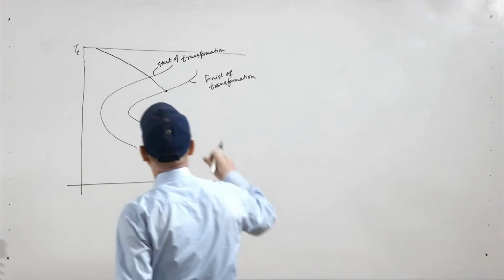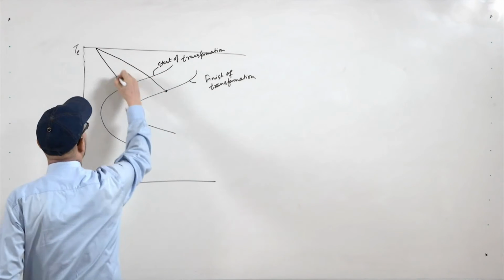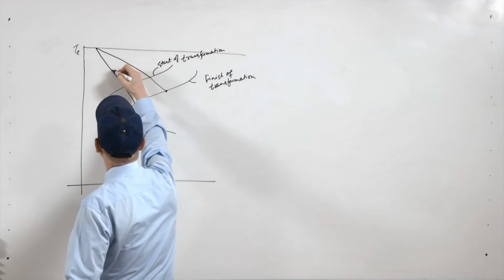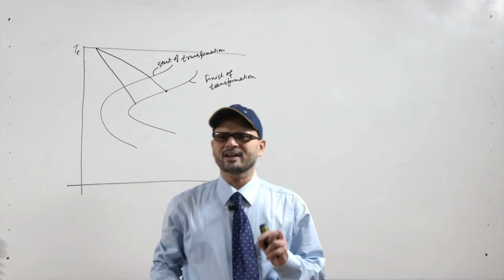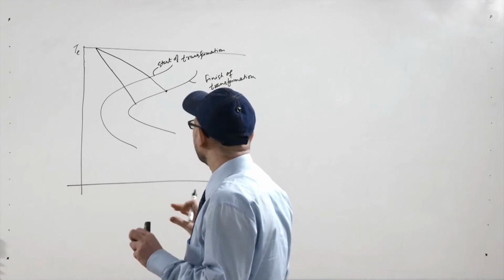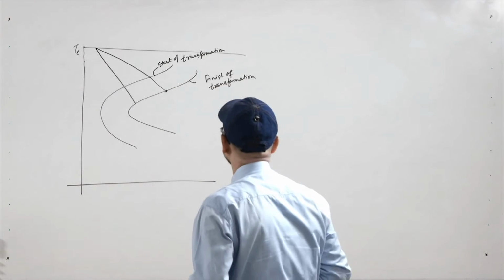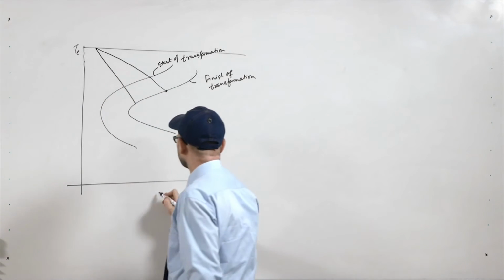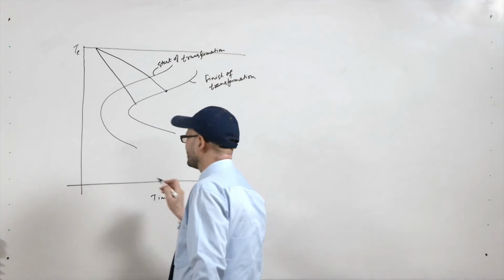Now, if you look at this, this line indicates a higher cooling rate. What happens when you have a slow cooling rate? This is the time axis.